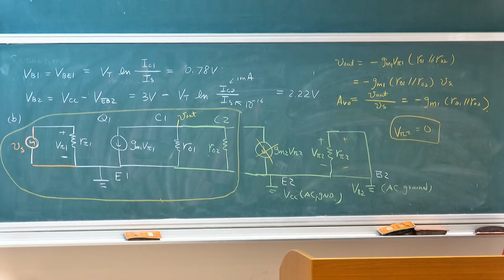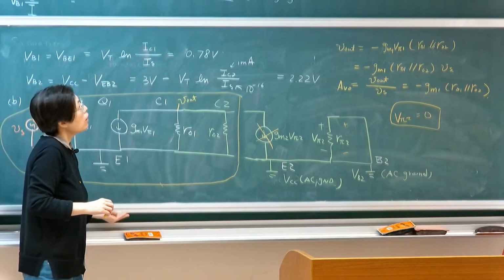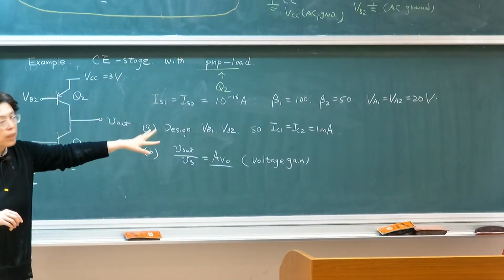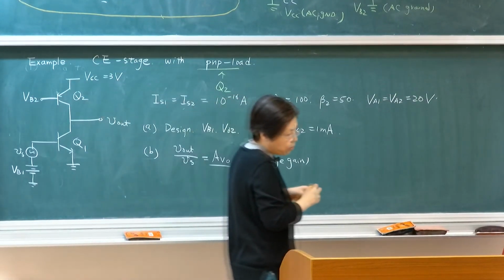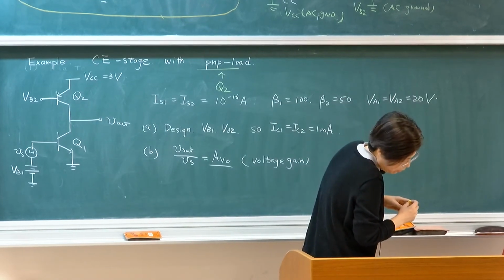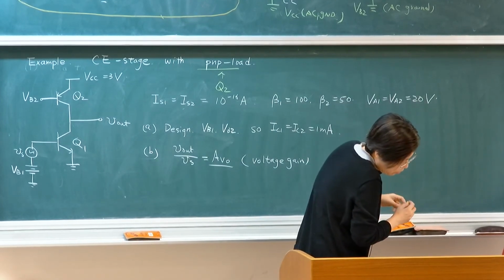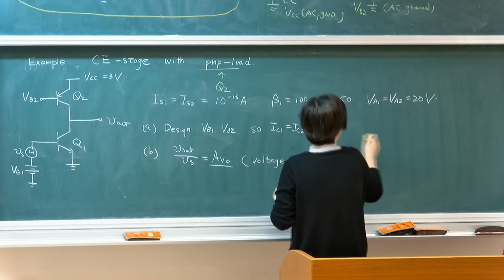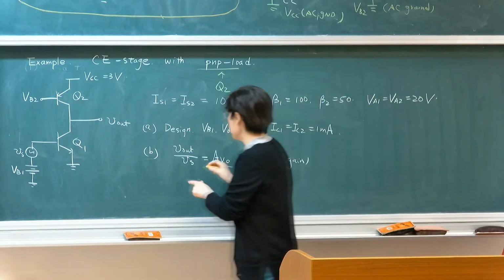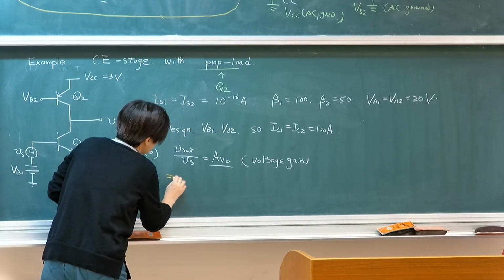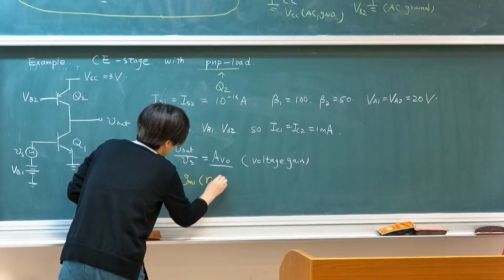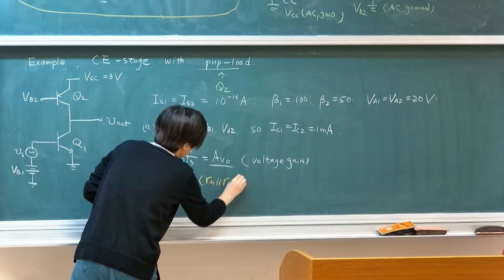And because we know that it has the same early voltage, RO1 actually equals RO2. So we can do the exercise to find RO1 and RO2. Let me just get the numbers. So AVO here is minus GM1 RO1 in parallel RO2.